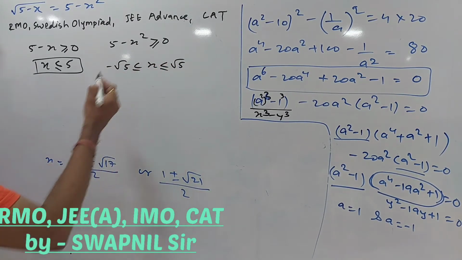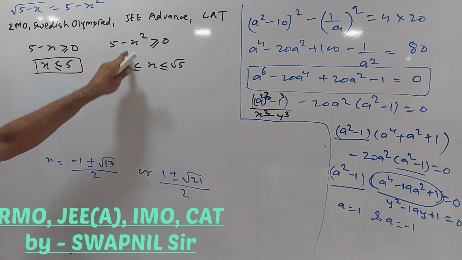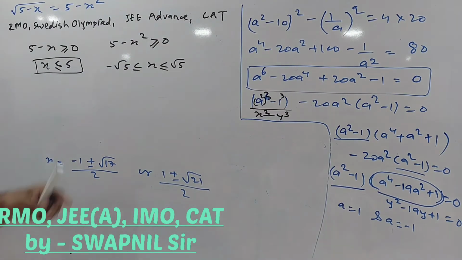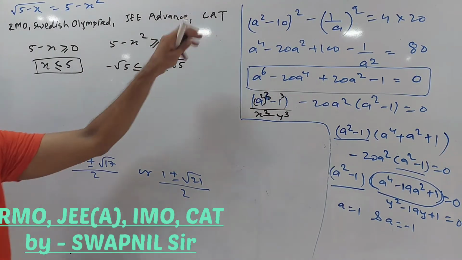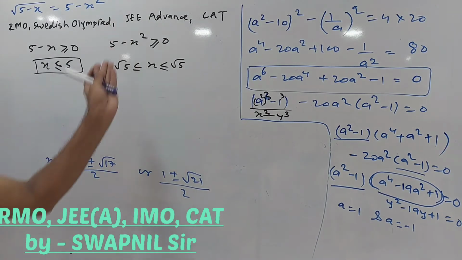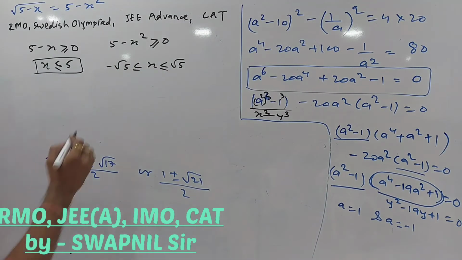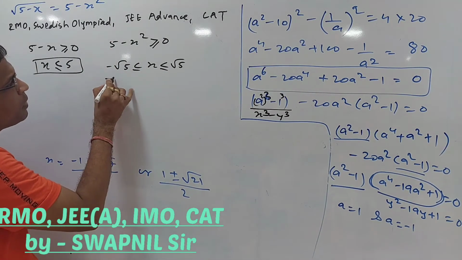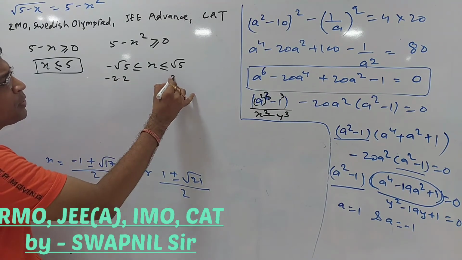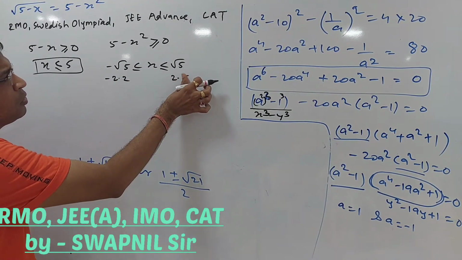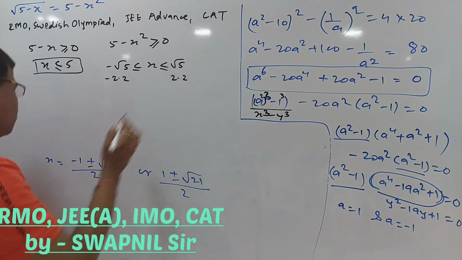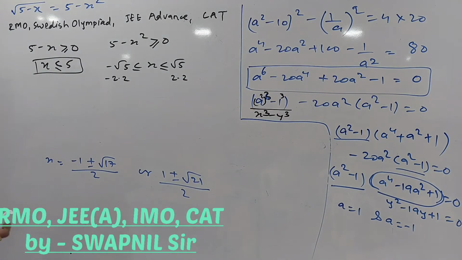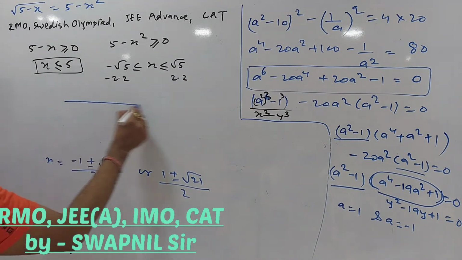You can put this on the side, minus root 5 and plus root 5. This is your 11th standard: x square is less than 5, you change the sign, and when you take the square root, you get this. Now that is something close to minus 2.2, and this is positive 2.2. The best approach is simple: have a number line.